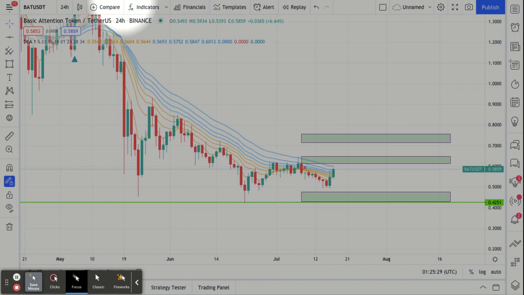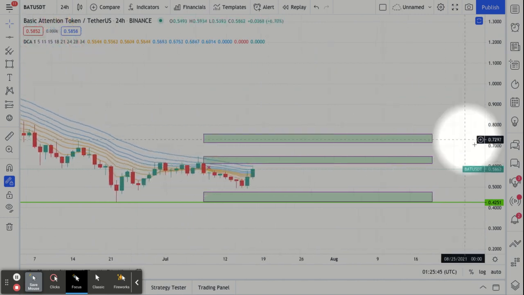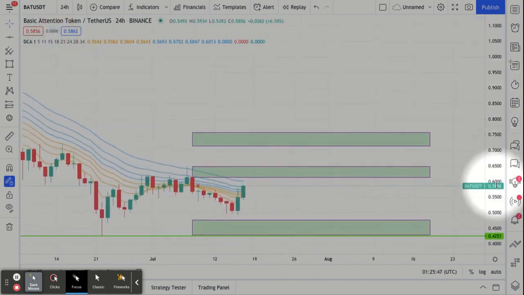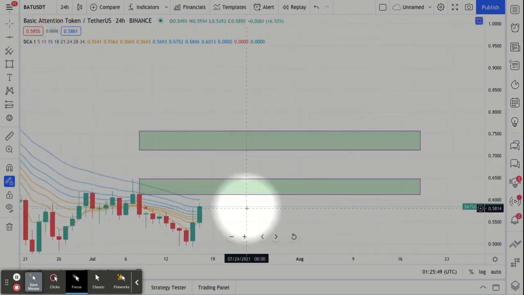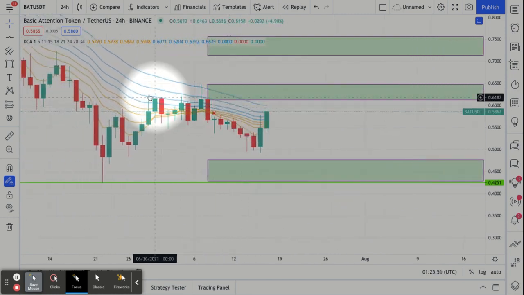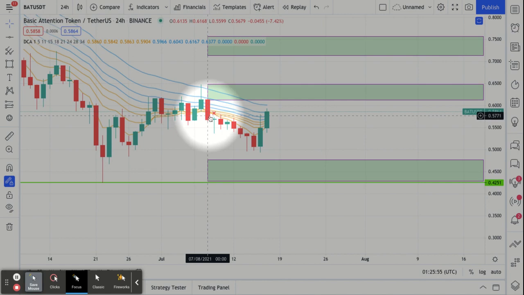These are moving average ribbons, they're EMAs. As this moves down, the price is going down. And what you're going to notice is whenever you start getting a little bit further down, these ribbons are going to start flattening out.